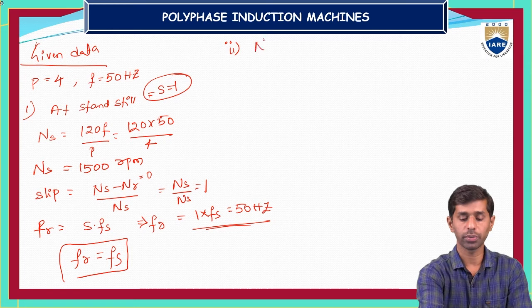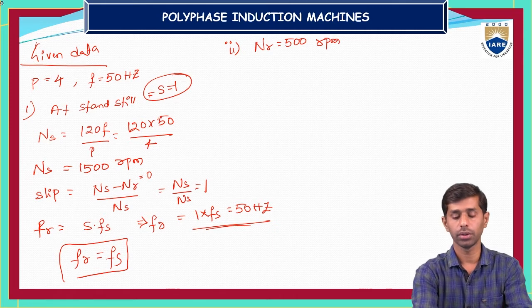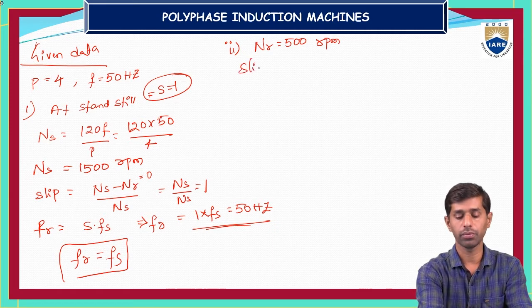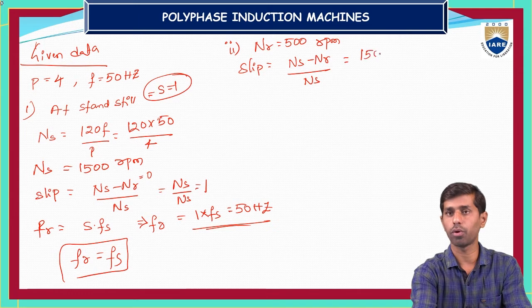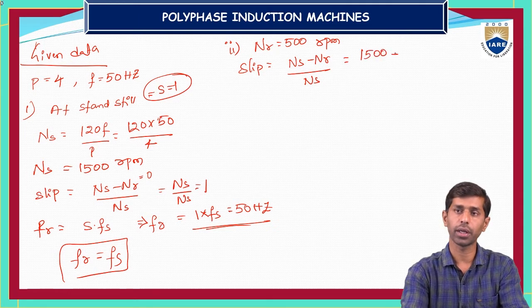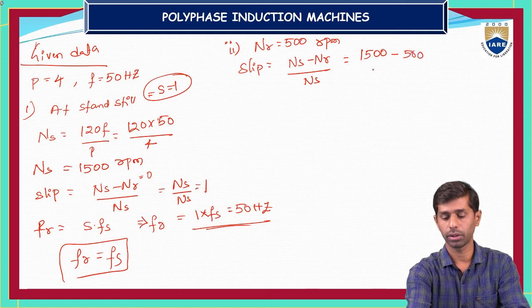Now the rotor speed is 500 rpm, in the same direction as the magnetic field. First calculate slip, which is equal to (Ns minus Nr) by Ns. Ns is 1500 rpm for a 4-pole machine, and Nr is 500 rpm, divided by Ns, 1500 rpm.